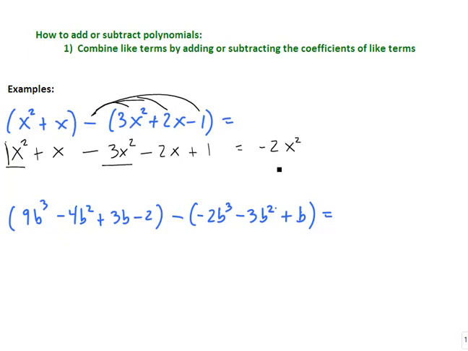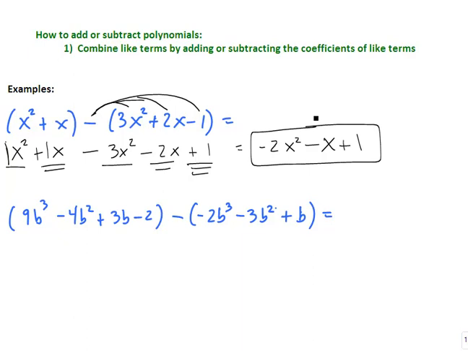The x squared stays put. Then we are going to take plus x minus 2x, and a plus 1x minus 2 gives us a minus 1x, or just negative x. And finally we have our plus 1 on the end. It's a single constant with nothing to combine with it, so this is going to stay a plus 1 on the end. So here's our solution.